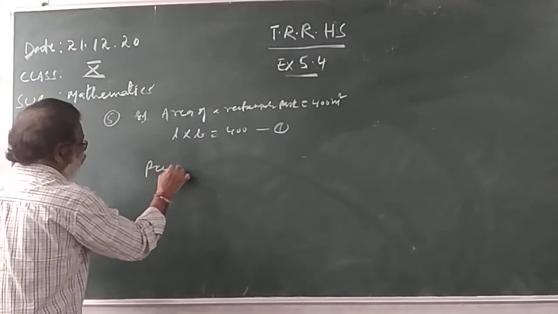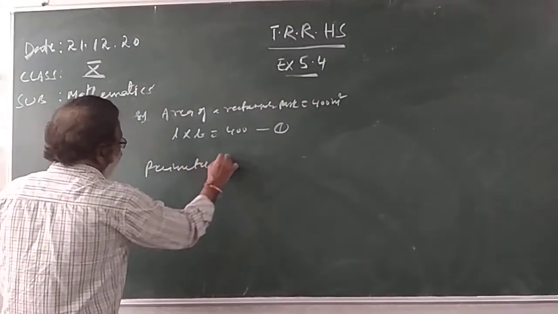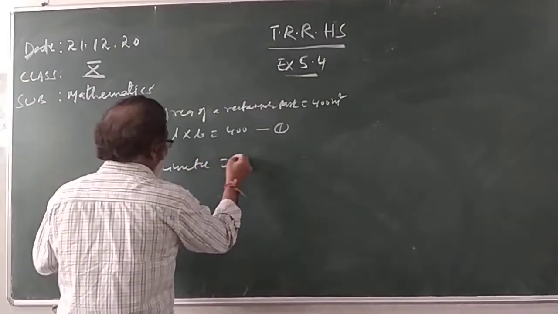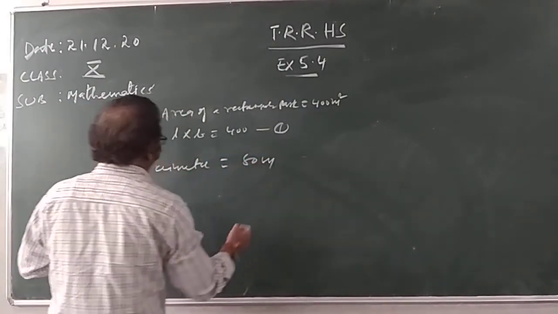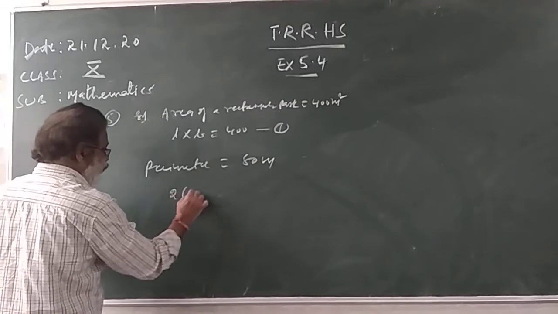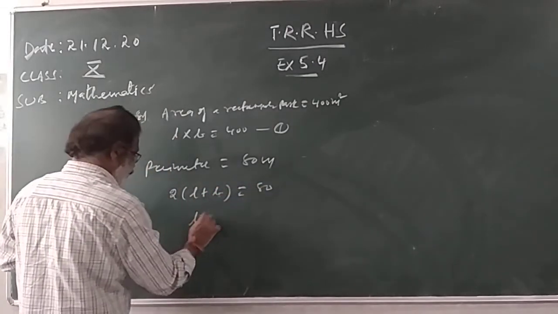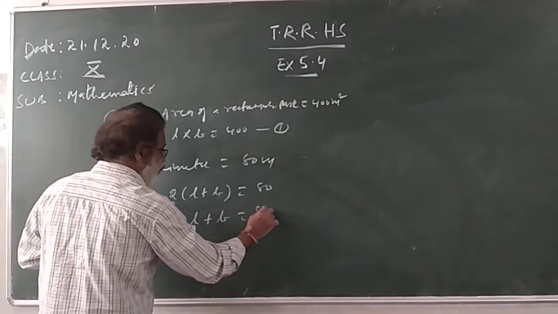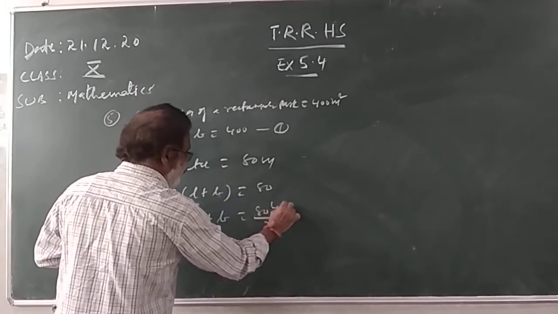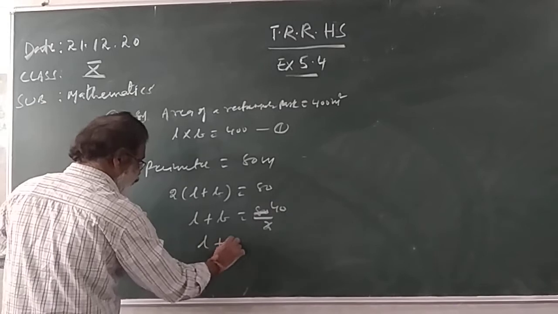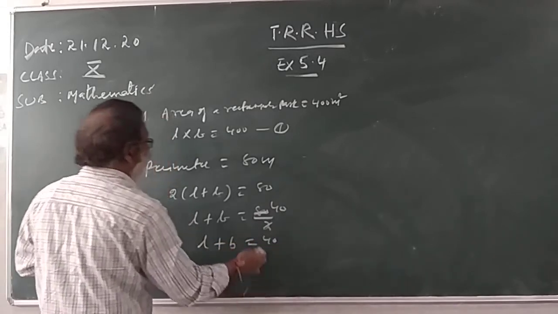Perimeter is equal to how much is given? 80 meters. Perimeter formula: 2 into (L plus B) is equal to 80. L plus B is equal to 80 by 2, that is, L plus B is equal to 40.